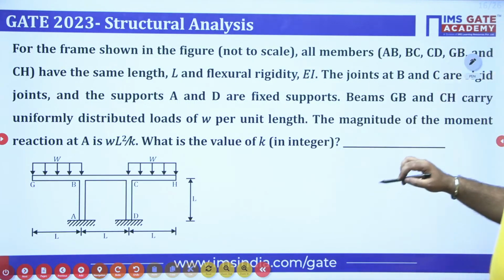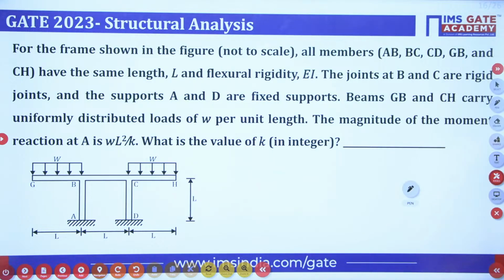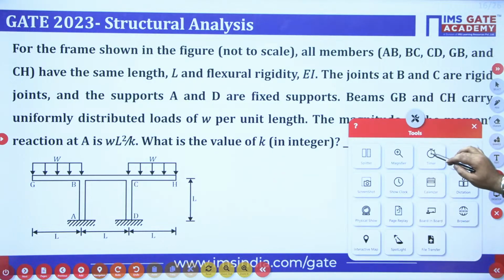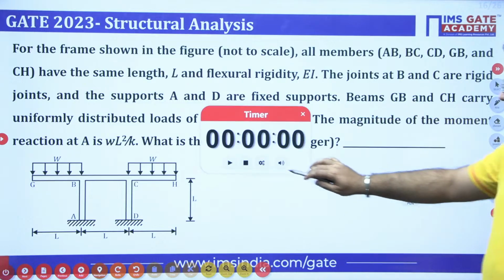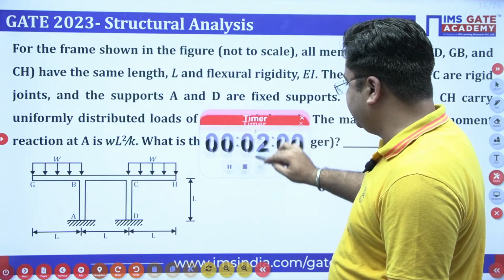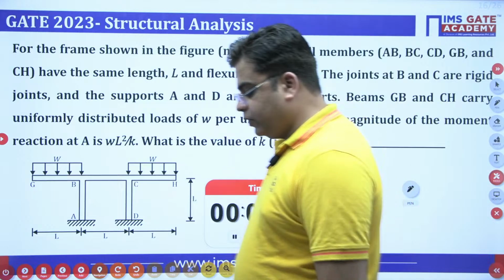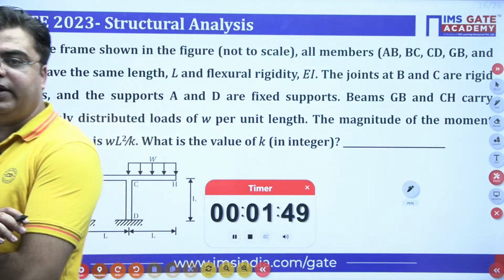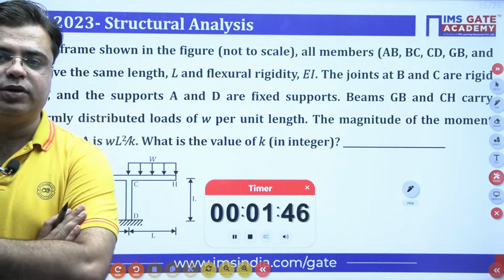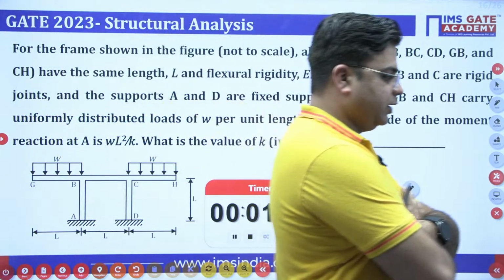This is a very good question asked this year for GATE 23. I am giving you 2 minutes, analyze this and tell me the answer. Keep commenting in the chat box. This is a numerical answer type question, so whatever answer you are getting, keep commenting in the chat box. This question is asked from the very basics of the moment distribution method. Just do it.